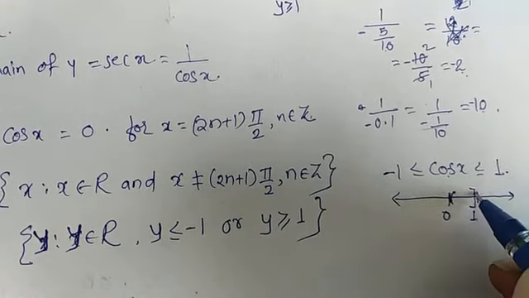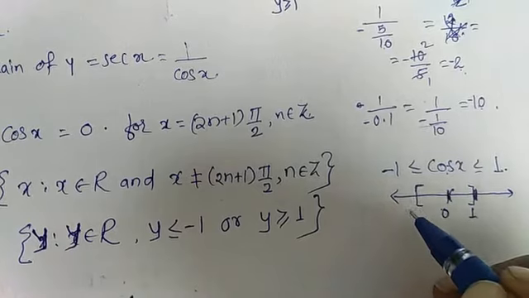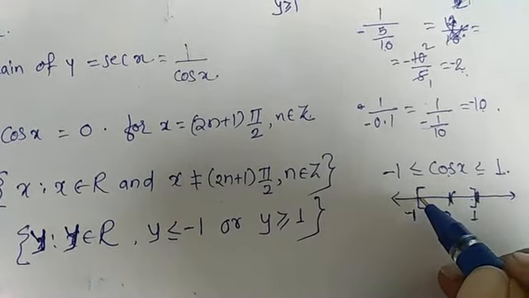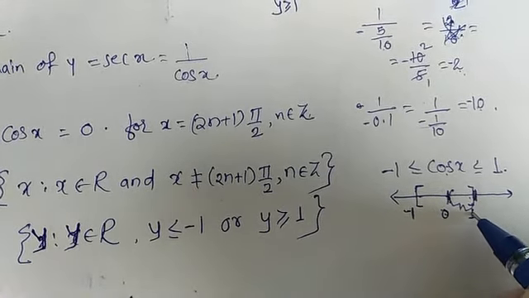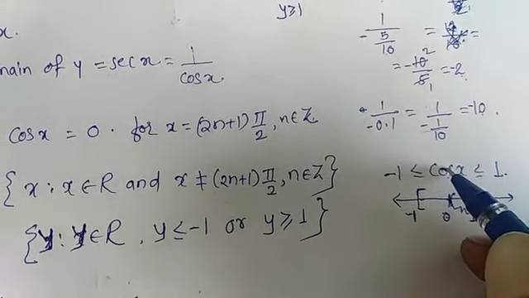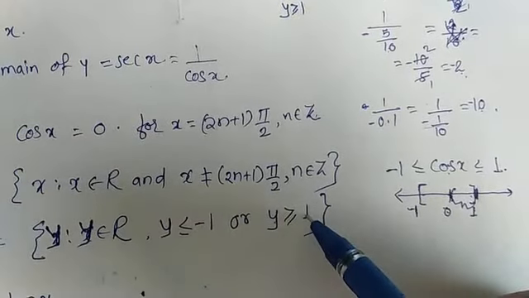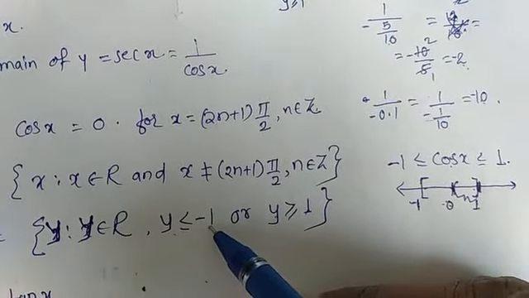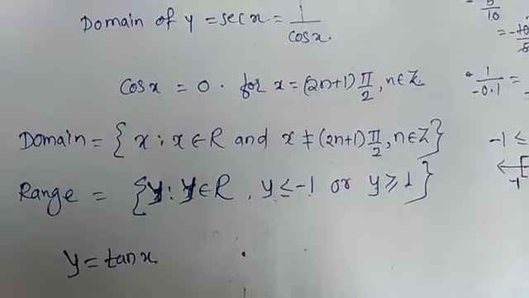Here it is 1, and for negative it is minus 1. You have to see only these two intervals. In the interval 0 to 1 the value of cos will be positive, so y is greater than or equal to 1, and for negative it will be y less than or equal to minus 1, so that will be the range of sec x.